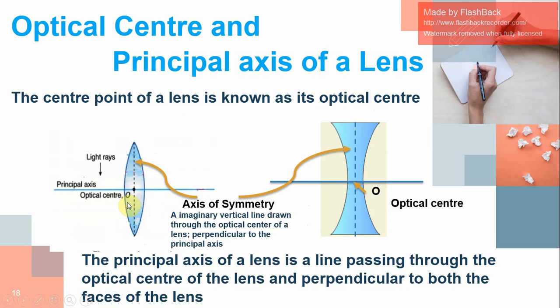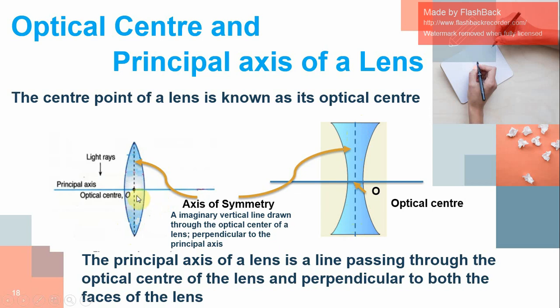And the imaginary vertical line drawn through the optical center of a lens, perpendicular to the principal axis, is called the axis of symmetry. Here this is the axis of symmetry in the concave lens.